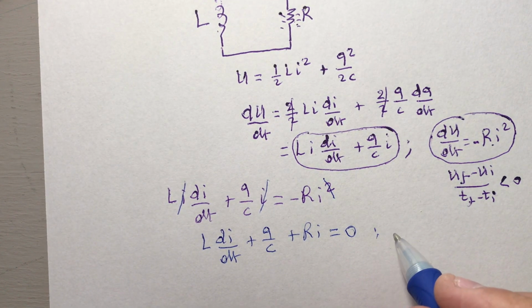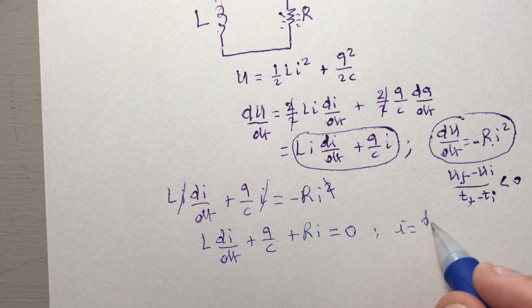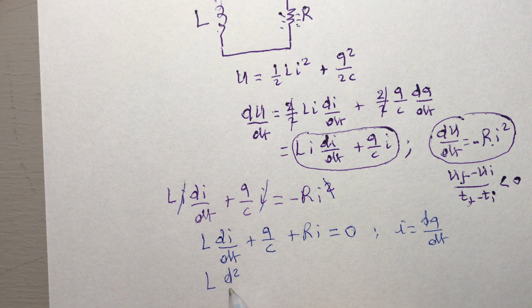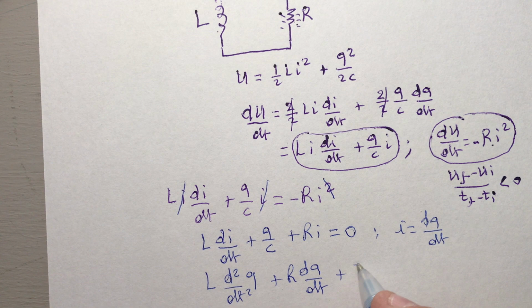Now we know that I is equal to dq/dt, and we put it here. So I put L d squared q/dt squared plus R dq/dt, because remember I is dq/dt, plus q/C is equal to 0.